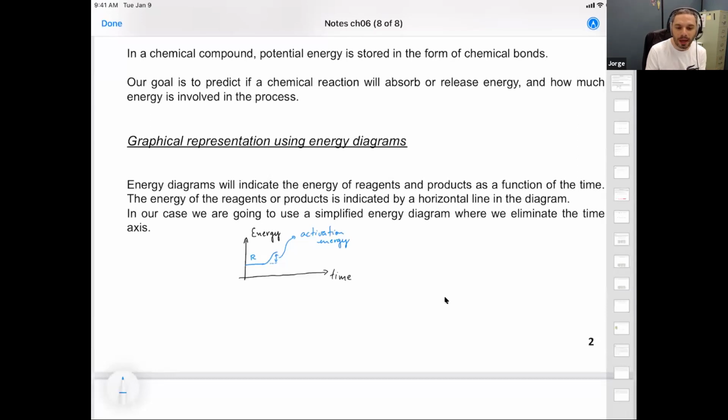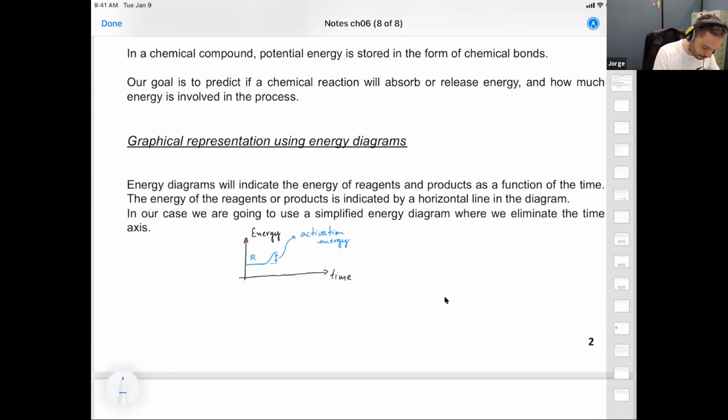Okay, so imagine that we moved the small sphere from the flat all the way to the top of the hill. Now the system has a lot of potential energy that will be transformed in, for example, kinetic energy and be used to produce products.